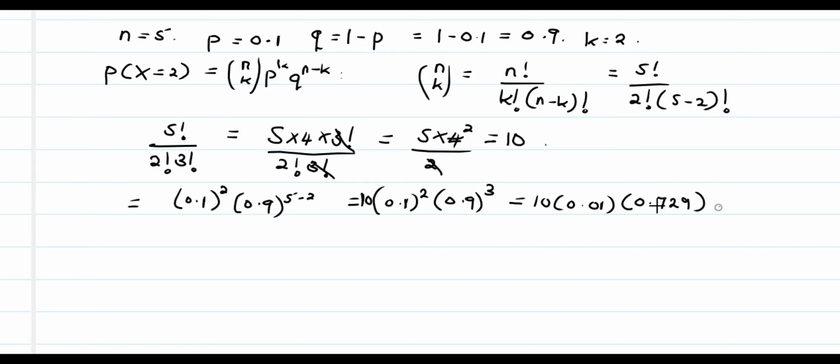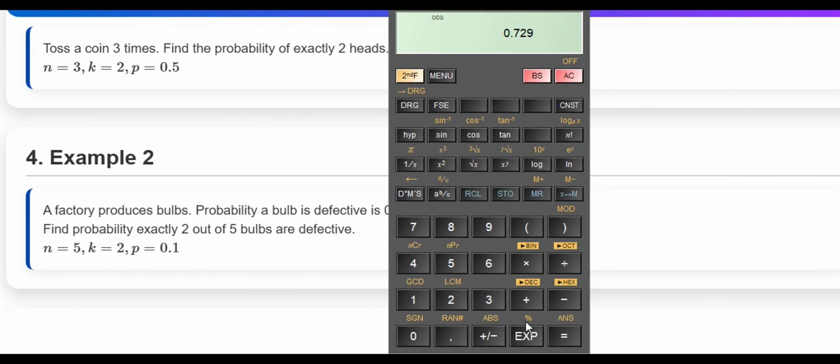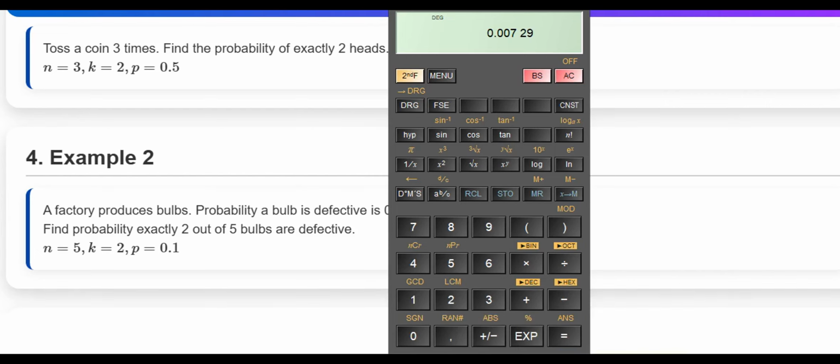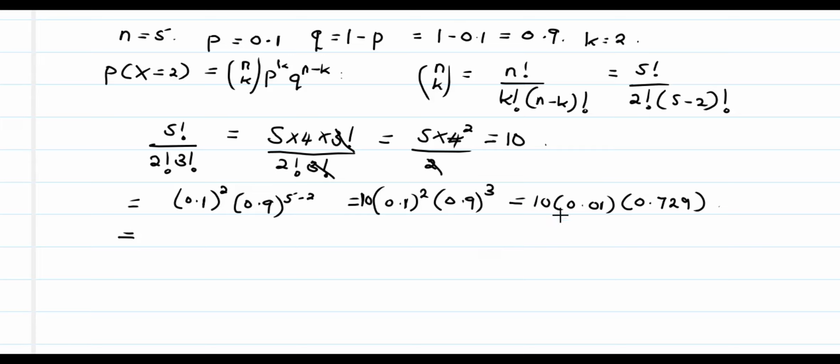So when I come back here, then I say it's 0.729. And then I can again multiply this 0.729 with 0.01. You can just use the calculator. It now becomes 0.00729.